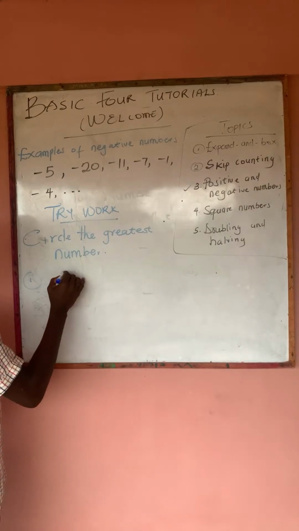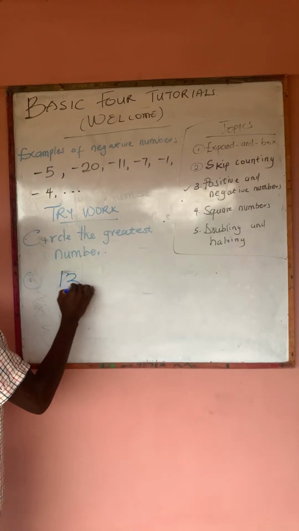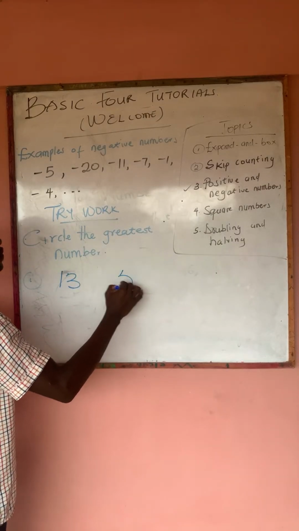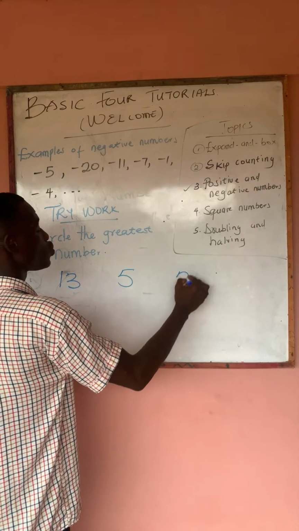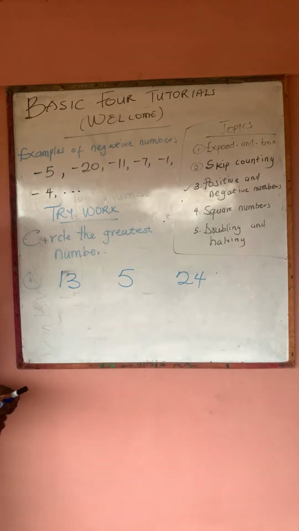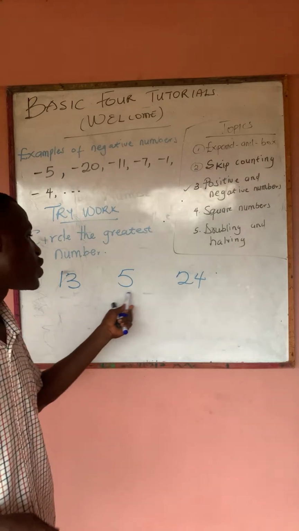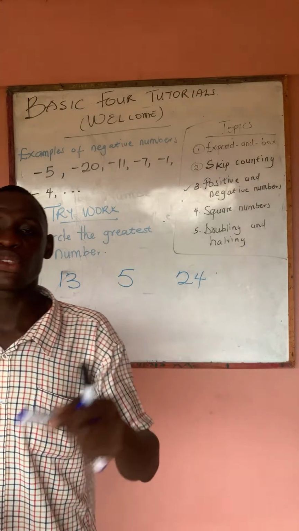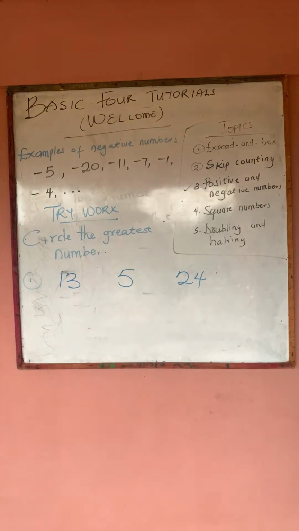We have 13, 5, and 24. Consider these numbers. Which of them is the greatest number? Please use the comment section. Considering 13, 5, and 24, which of these numbers is the greatest?